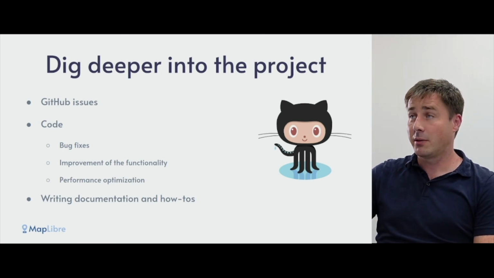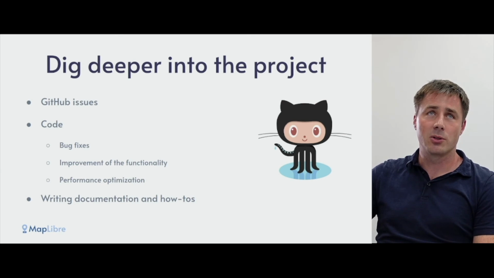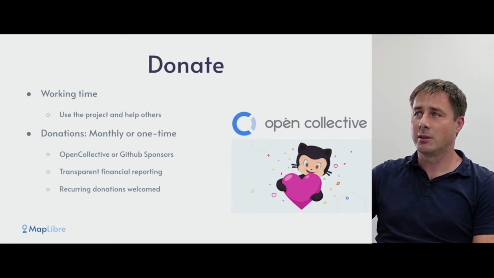And if you have a bit of time, writing documentation as you learn is the best way to contribute to any project in open source, not only to MapLibre. And it would be very, very welcome on this project.